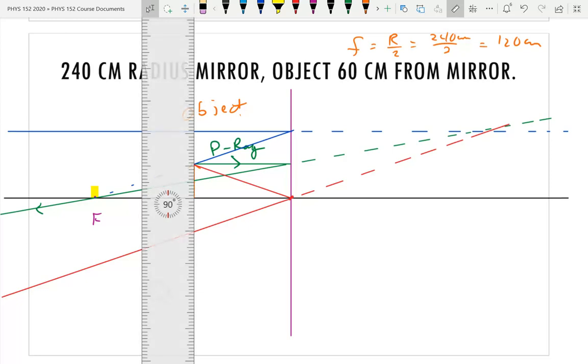Actually, it's a little more than 2 divisions up because I was sloppy. And so I would make a mark down here at 2 divisions and a little bit more below. And then I would go through that point to make sure I got the angle right for the reflection.